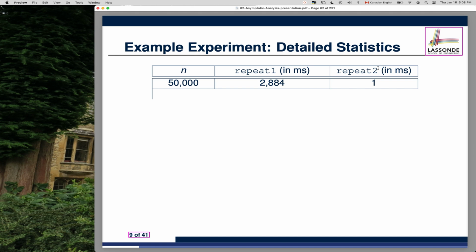Row number 1. If I got 50,000 repetitions to make for a character, it will take about 3,000 milliseconds. Not too bad. Versus 1 millisecond. So string builder, you can see already is faster if you look at the numbers. But if you just talk about 3,000 milliseconds versus 1 millisecond, we cannot really tell seriously, right? Might be okay.